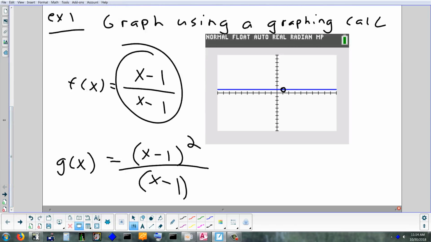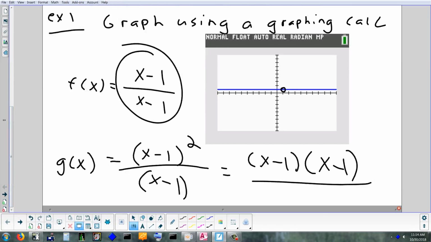How about this one? Hole in the graph or vertical asymptote? Yeah? Vertical. Okay, how come you think it's not a hole? Just because of the square, because it'll turn it into a... So if we write that out, think of it as x minus 1 times x minus 1, right?